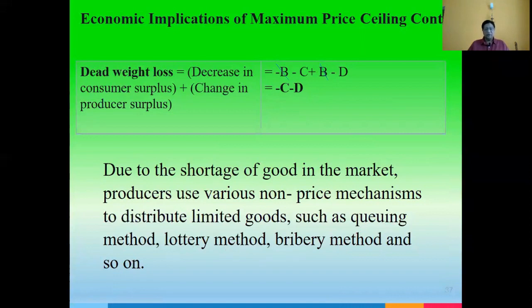For that purpose, they can use the queuing method, the first come first serve method, then the lottery method, then the bribery method, selling the commodity at a higher price than the maximum price, that is called the bribery method, and so on.